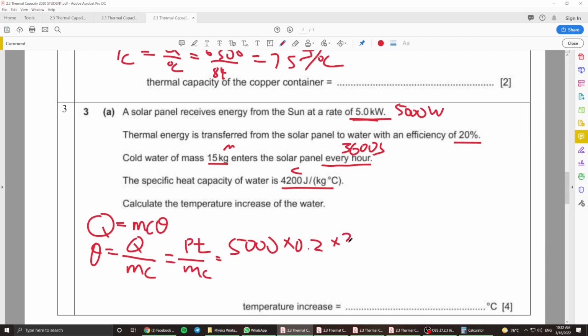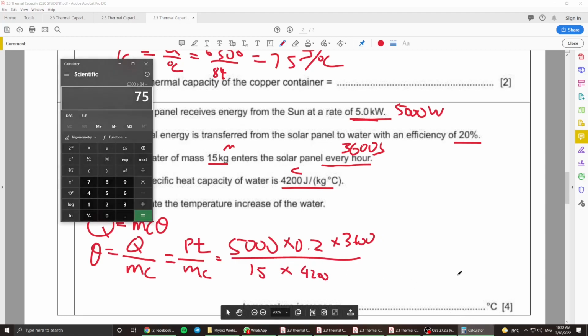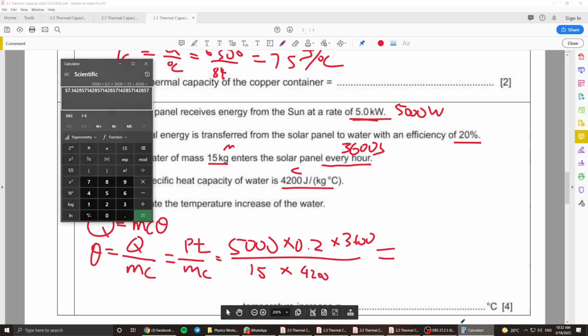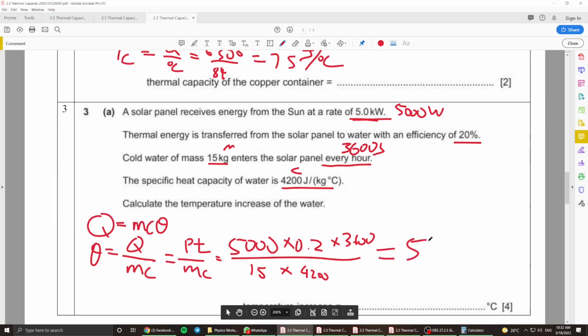Multiply by the time of 3,600, divide by the mass of 15 kg, divide by the specific capacity of 4,200. Press all of this into the calculator: 5,000 times 0.2 times 3,600, divide by 15, divide by 4,200. You're supposed to get an increase of temperature of 57.1 degrees Celsius. 57.1 degrees Celsius here.